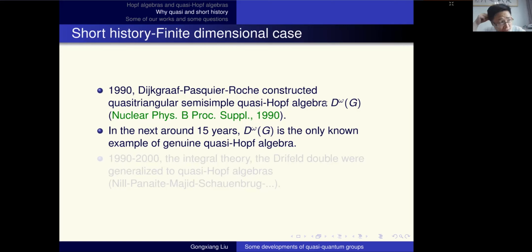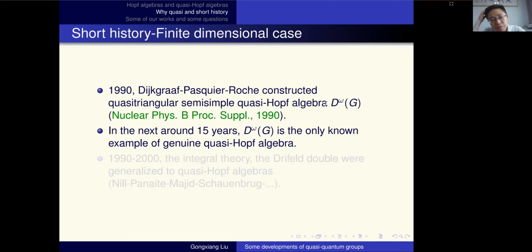Actually, if you read Cherry Presley's book, A Guide to Quasi-Quantum Groups, they say that D^omega(G) is genuine if omega is not a trivial cocycle. Trivial means it is a coboundary. But I have to say this statement is not true.